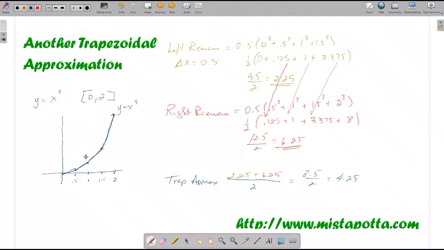Now, it also ends up being an overestimate, because in each one of these little curves, my straight line actually lies completely above this region. So I'm actually including area that I don't want. So this is an over approximation.